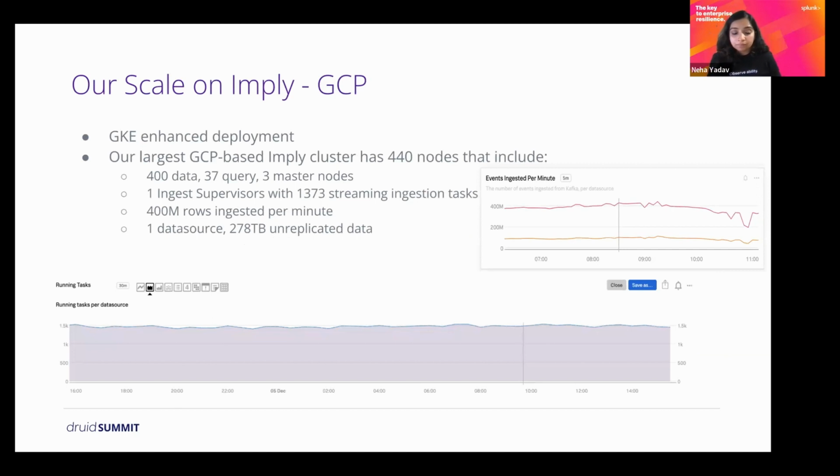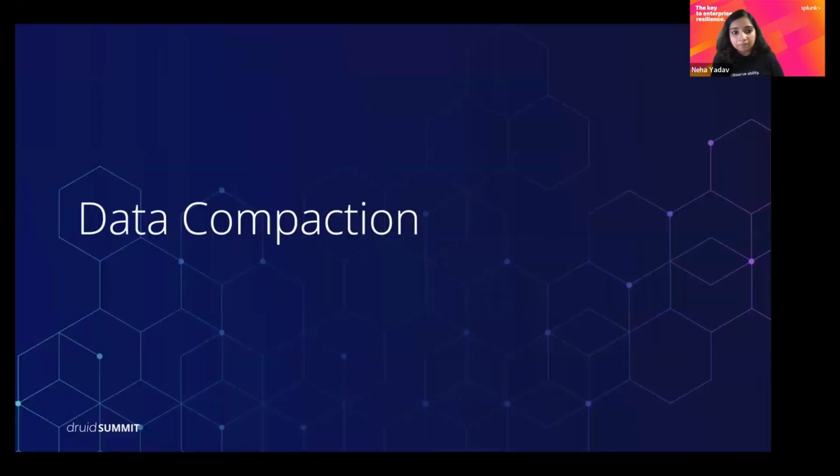That cluster has 1 ingest supervisor and has 1,373 real-time indexing tasks running at a particular time. There are 400 million rows ingested for that one data source alone. And that one data source contributes to 278 terabytes of data with 8 days of ingestion. So we are really testing the limits here.